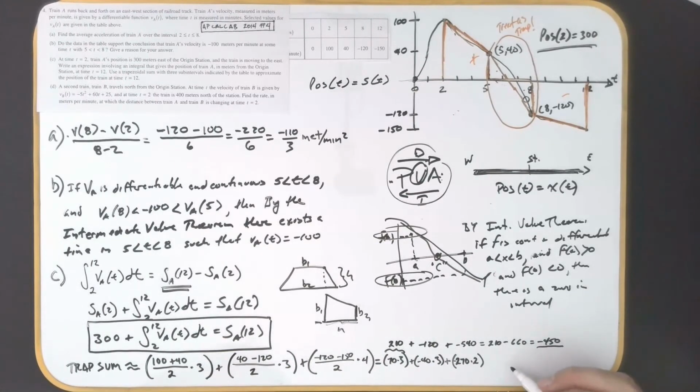So my final answer right here, my approximation of the position at 12 is equal to 300 minus 450, which is equal to negative 150. Okay, and that is meters.